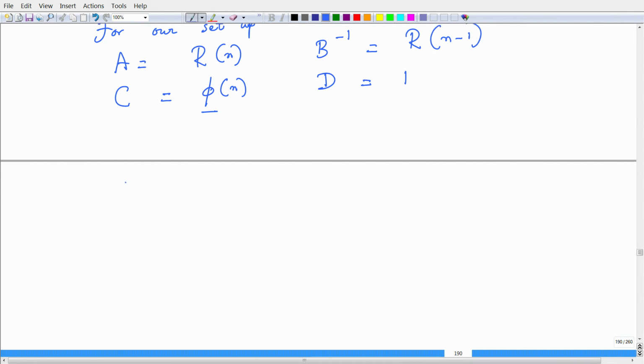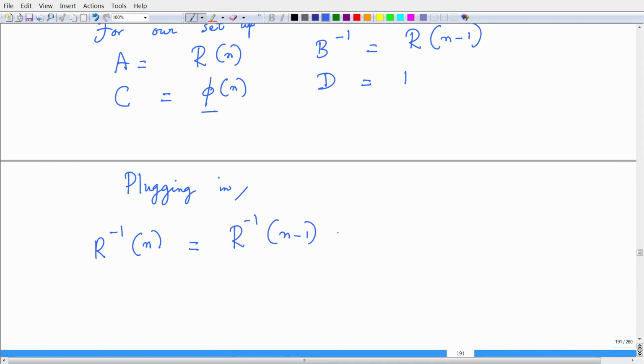Now, plugging in for R inverse of n. B inverse is R of n minus 1, so B is basically R inverse of n minus 1.